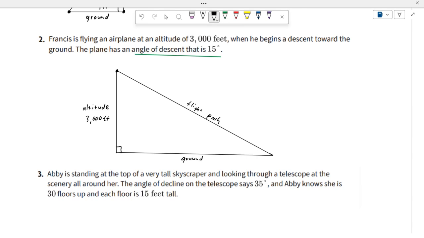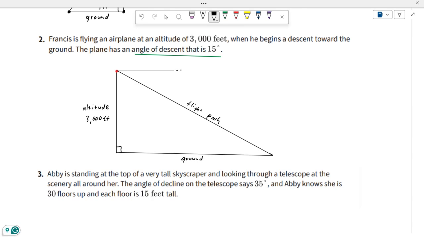Now the angle of descent, got to be real careful here. An angle of descent is always off of the horizontal, right? So the plane, I'll do it in red. The plane is right there. An angle of descent or an angle of elevation is always off of a horizontal line.